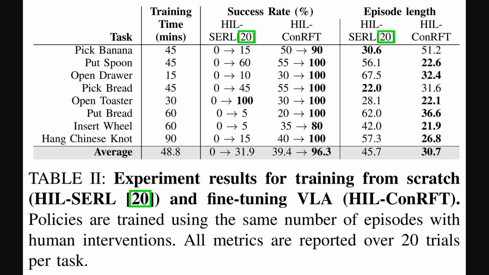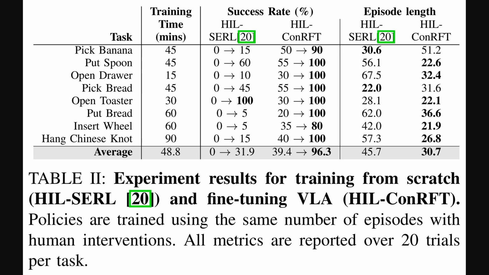Now, speaking of efficient learning, this next table, Table 2, really drives home the benefit of ConRFT's approach of fine-tuning a pre-trained model. It compares HIL-ConRFT, which fine-tunes the VLA, against HIL-SERL, which tries to learn the tasks from scratch using reinforcement learning and human help. Look at the average success rates after similar training times.